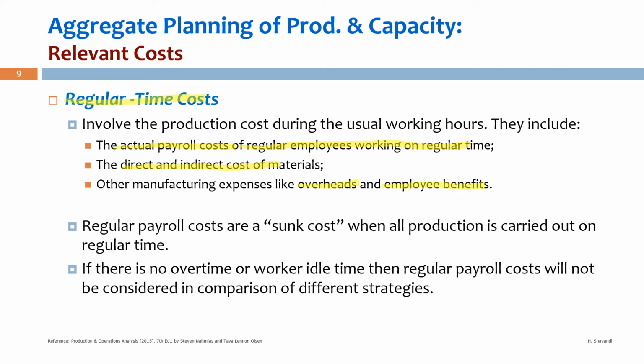As you see here, it doesn't matter whether we are producing or not, we need to pay all the regular time costs. So the regular payroll costs are called sunk costs. If there is no overtime in a company, or if there is no idle time, then we need to pay this sunk cost.